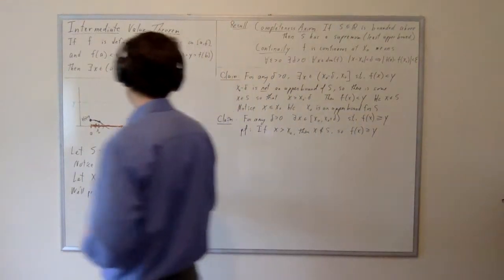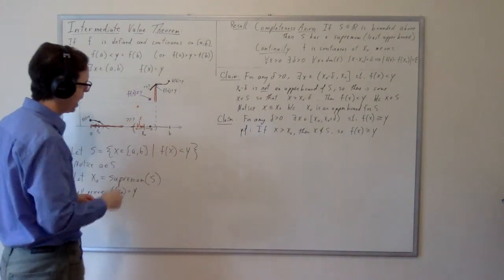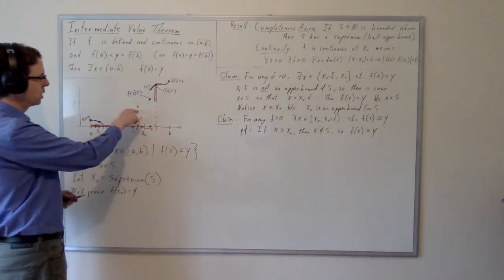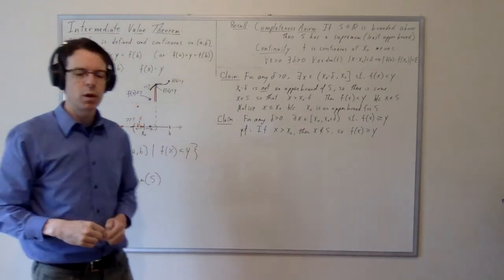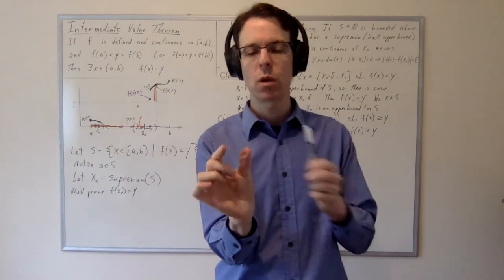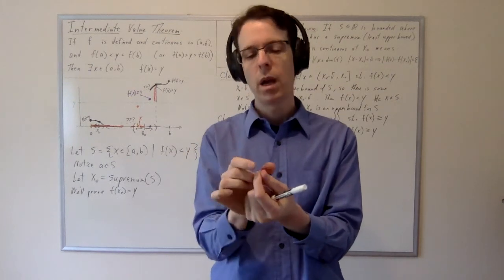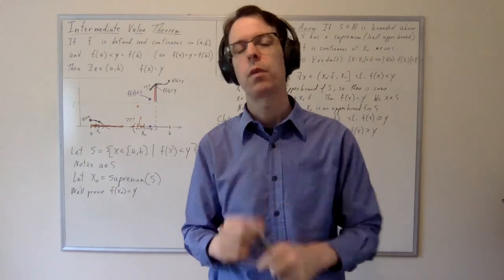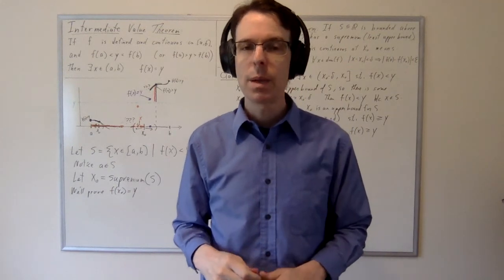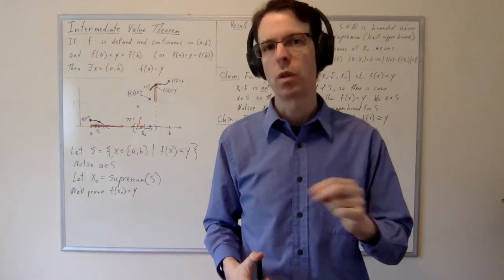This x naught, the supremum of S, has values on the left which are less than y and values on the right which are greater than y. And that's true for every delta. No matter which delta you pick, you can find some value a little bit on the left so that f of x is less than y, and some value a little on the right such that f of x is greater than y. And that means that it cannot satisfy the conclusions of either of those first two claims.